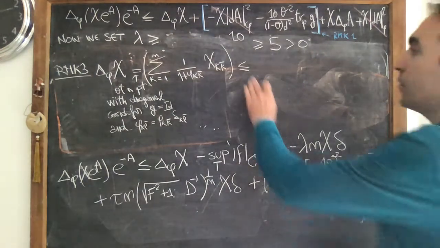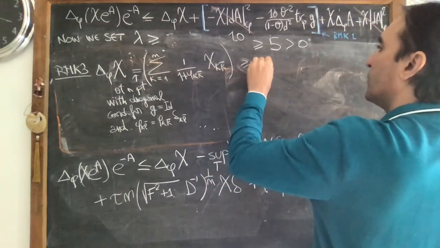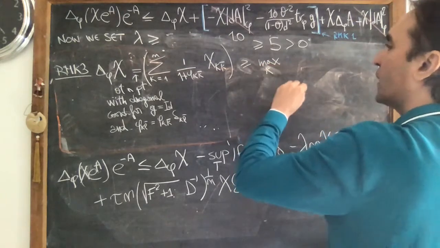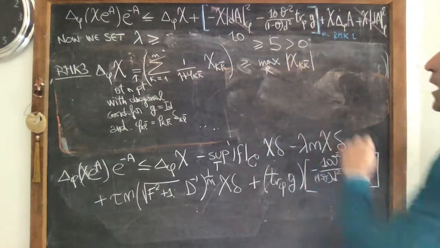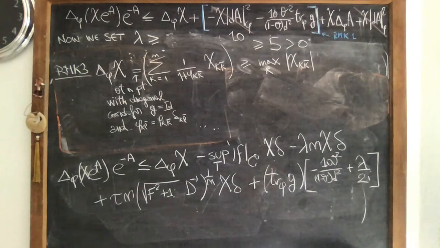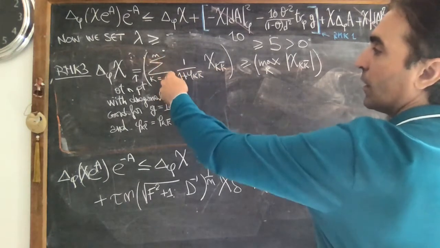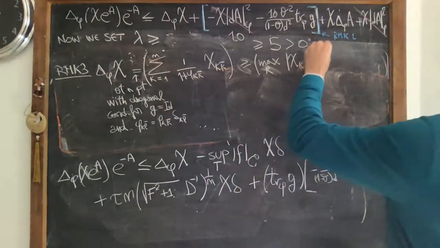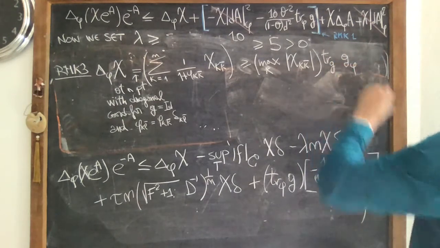So this is bigger or equal. We want to take the maximum over k of this k k bar absolute value, and what's left is basically the inverse of g phi. So this is the trace with respect to the background metric of g phi.